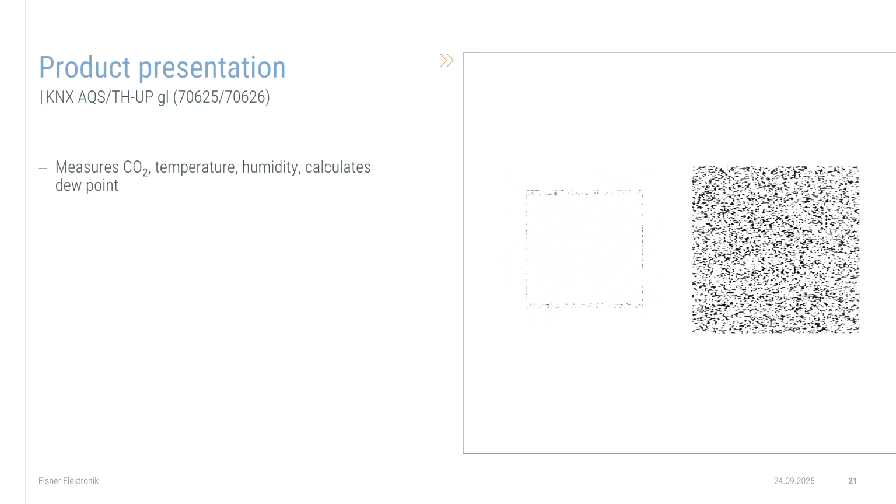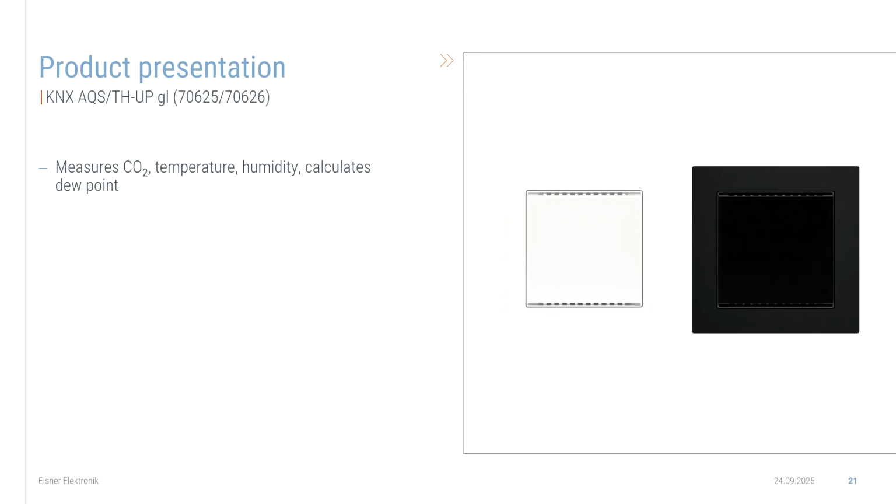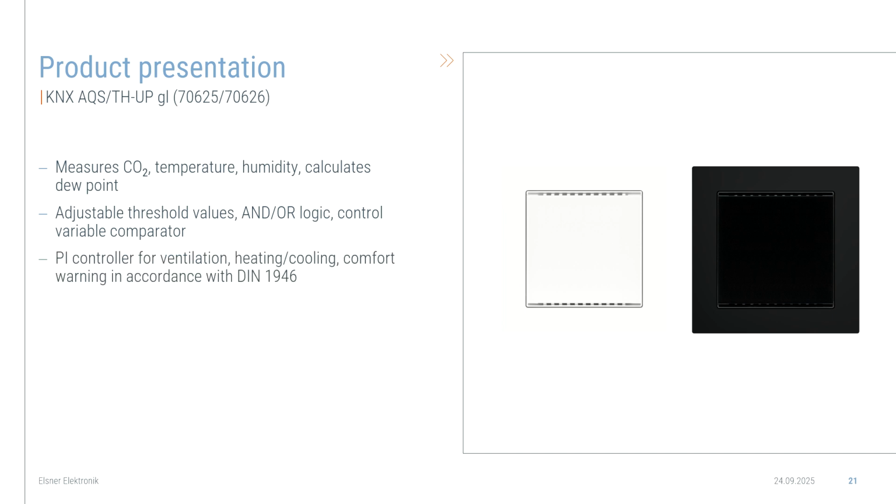Now the next product, our KNX AQS THUP GL. It measures the CO2 as well, and the temperature, humidity, calculates the dew points. There are adjustable threshold values and all logic control variable comparators.